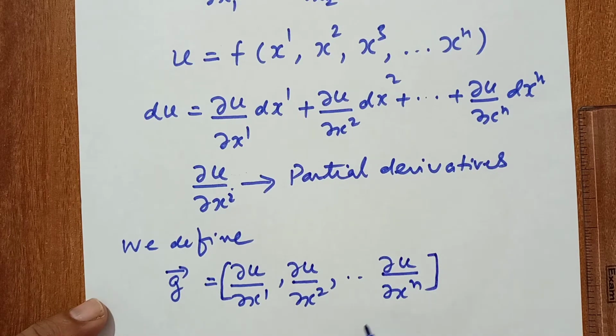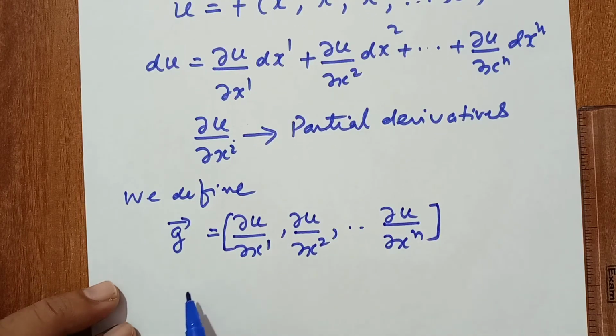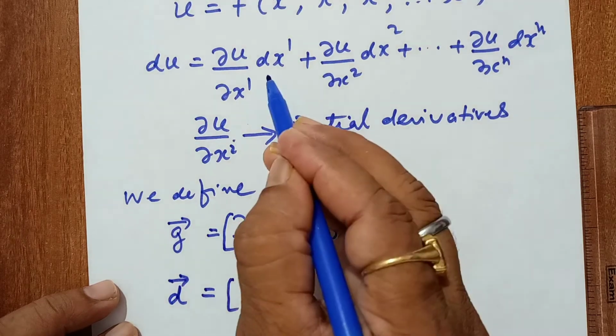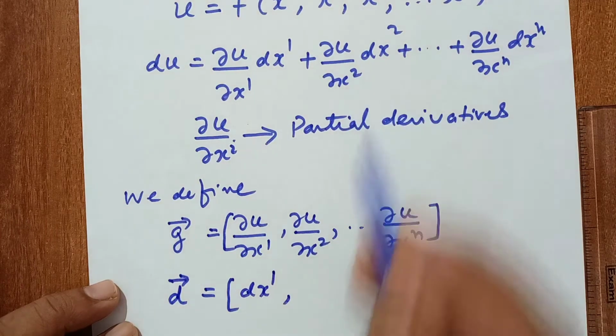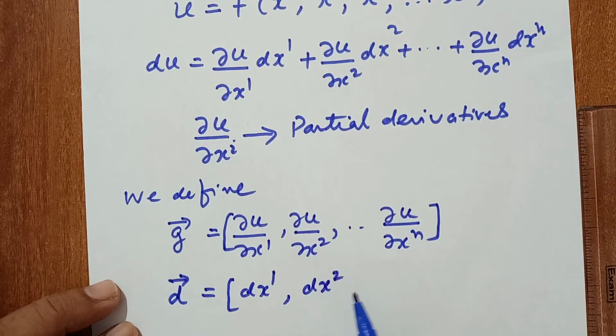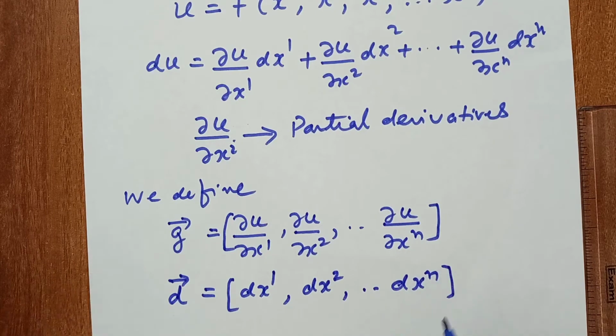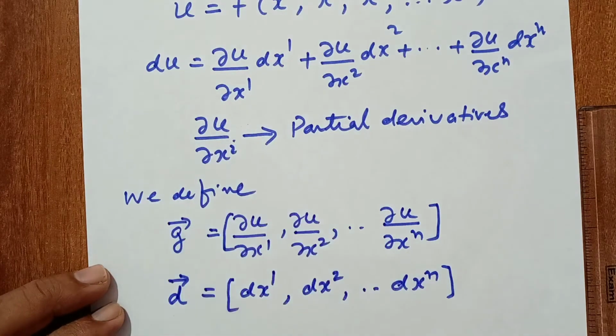And another vector, suppose d, is equal to dx1, dx2 up to dxn. Then this du is the scalar product or dot product of two vectors.